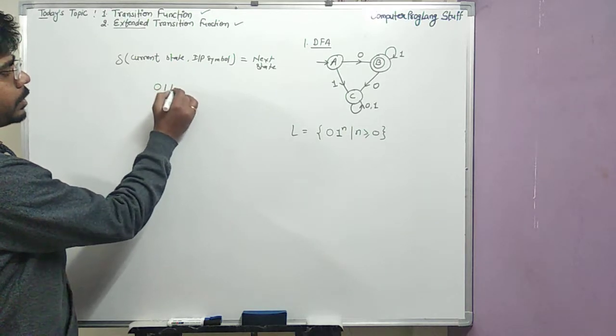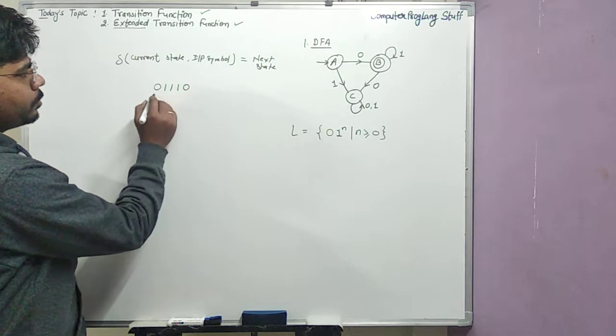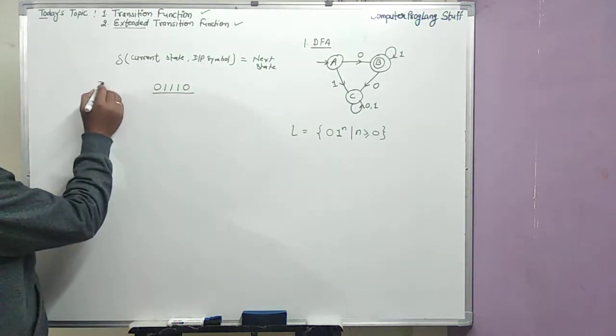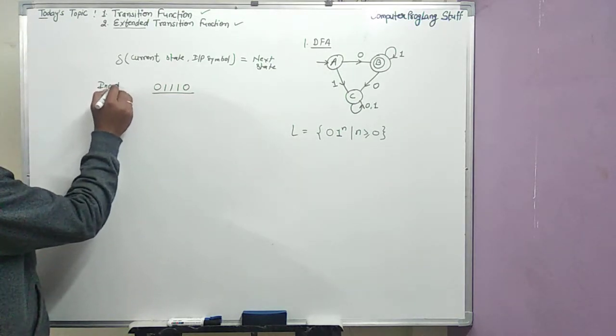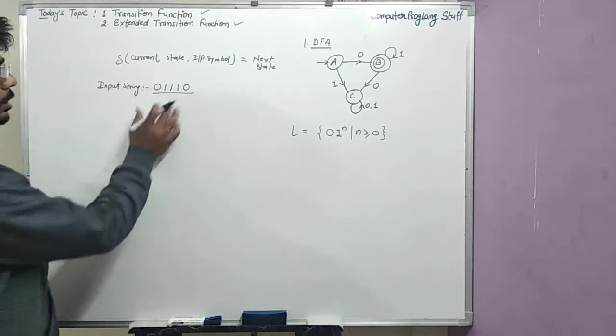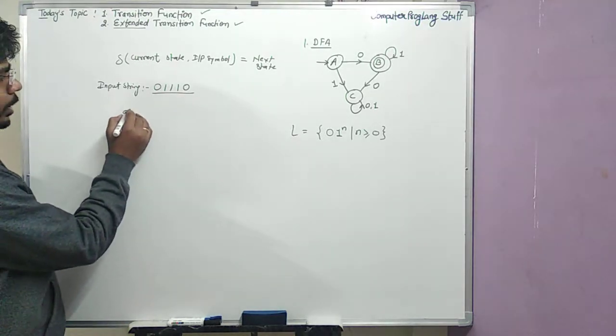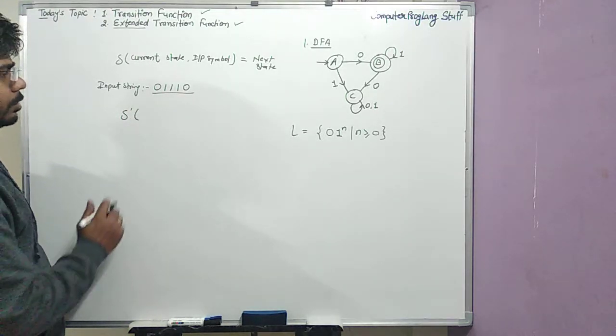Say we have the input string 0 1 1 1 0. This is our input string, which we want to check whether it is a part of this language or not. So we have delta dash, that is the extended transition function.